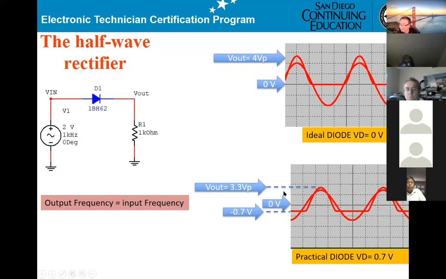If you're looking at the display here, basically the peak will be going from negative 0.7 up to here. So if you want to measure the V peak, it must start from 0. That's why you have to check: 4 volt minus 0.7, you get 3.3.